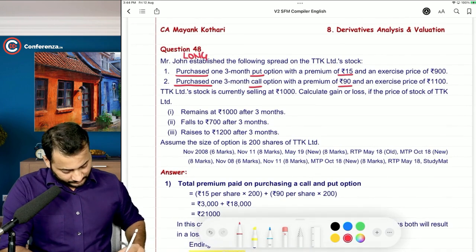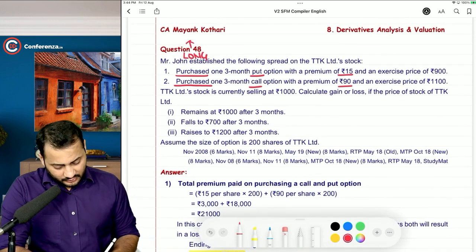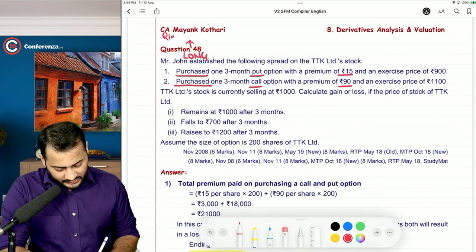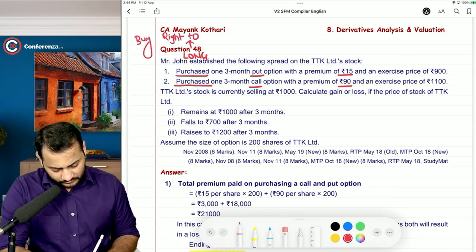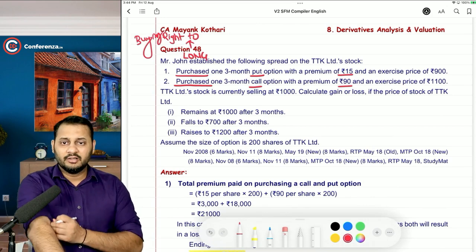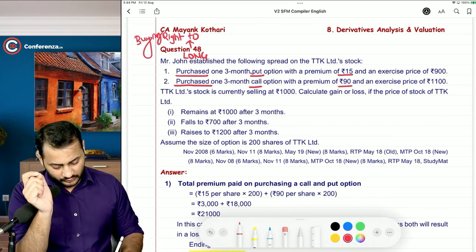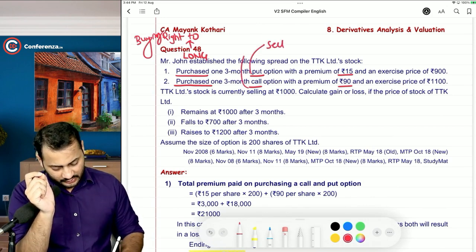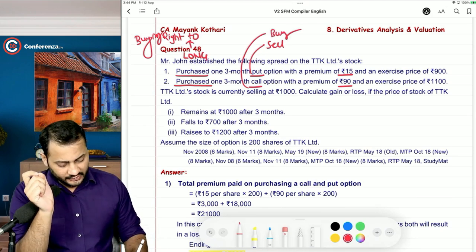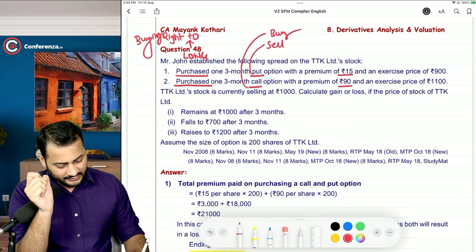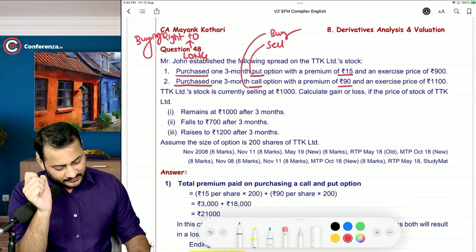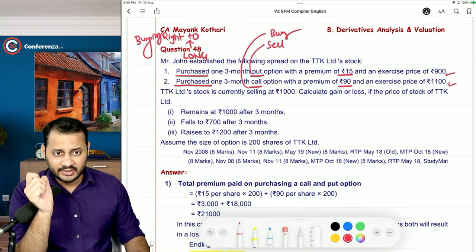In the put option you get the right to sell the asset and in the call option the right to buy it, with premiums of 15 and 90, and in this case the exercise price is 900, in this case the exercise price is 1100.